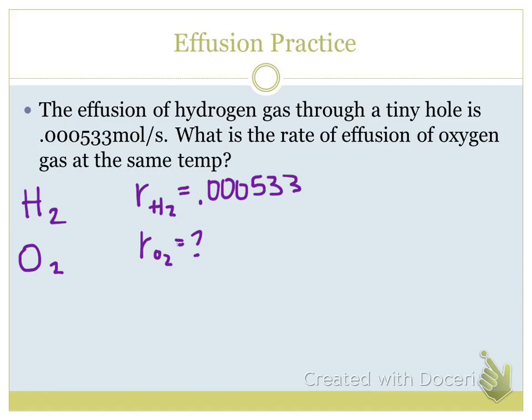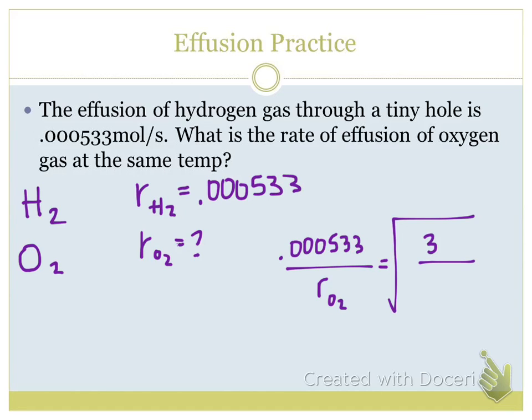So I'm going to put that into my equation. 0.000533 over R of O2 equals square root of, then you need to make sure that since oxygen's on the bottom on the left, oxygen molar mass needs to go on the top on this side.